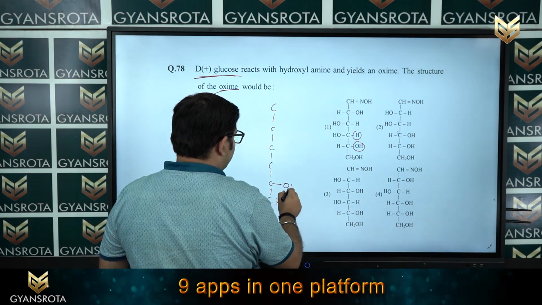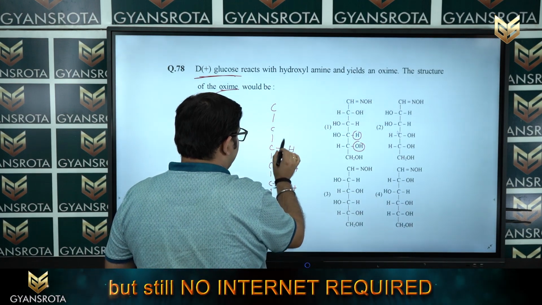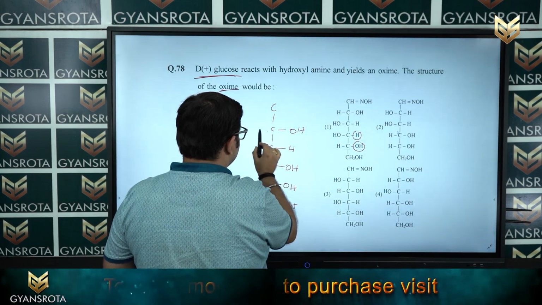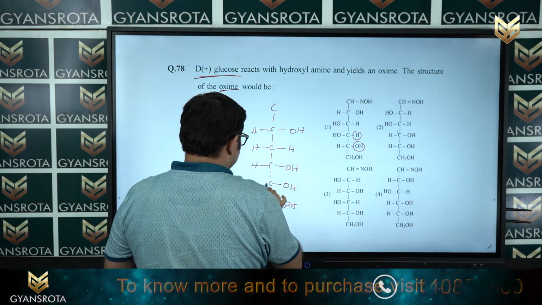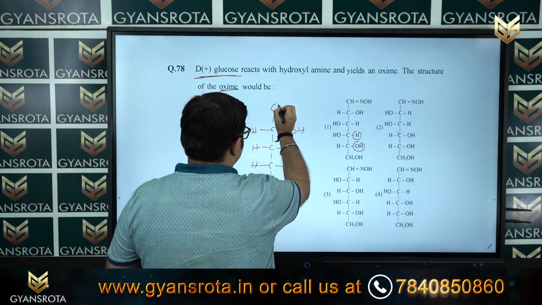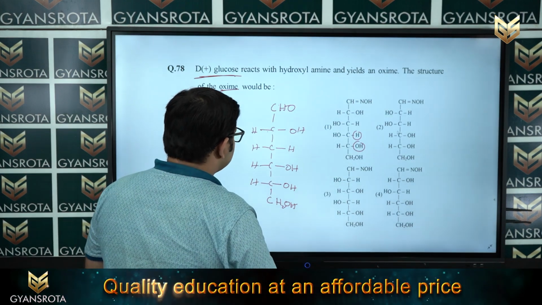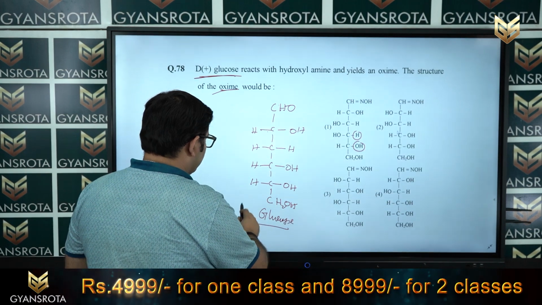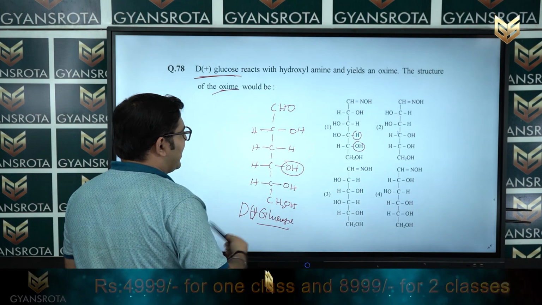Now here OH should be present, here also OH should be present, here should be H, and here should be your OH, and here H, H, H, H, and it should be your CHO. So this is the parent structure of your glucose, D glucose, sorry, D positive glucose. This OH should be on your right hand side.